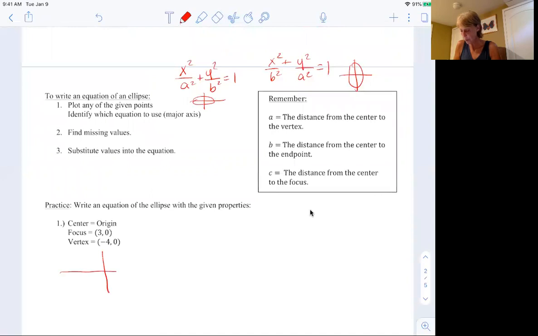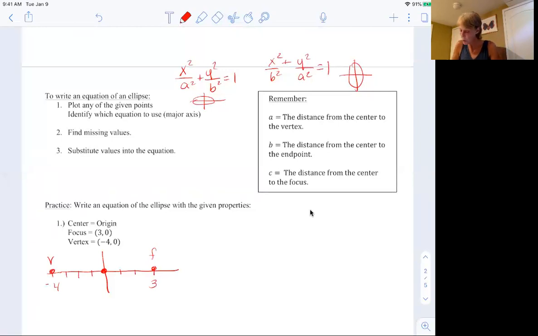I'm going to start by kind of putting some information into my problem. Center's at the origin. This just means my h and k is 0 and using that smushed up version, right? The x squared version. My focus is at 3, 0. And my vertex is at negative 4, 0. So that tells me that my major axis is horizontal because the vertex and foci lie on the major axis.